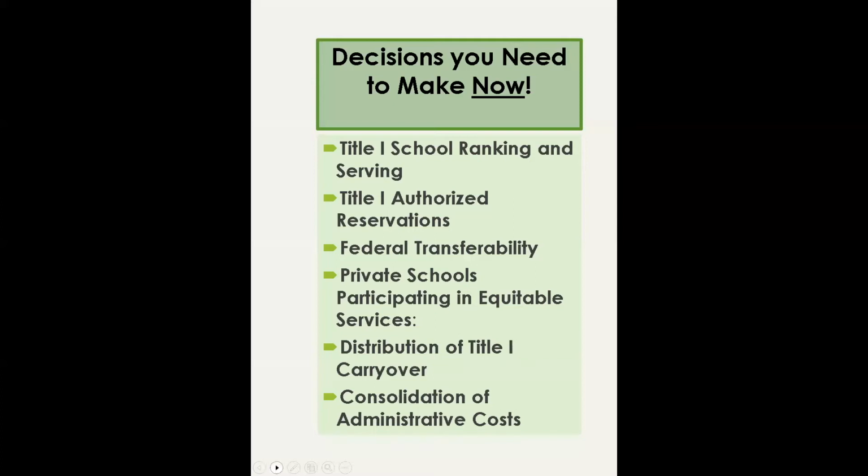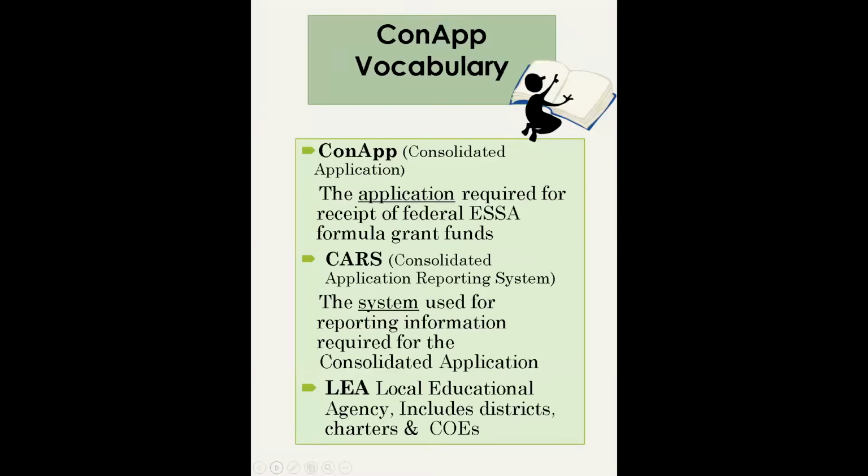All right, now we're going to turn to some vocabulary. As I said, these are just some terms we're going to be using, and I just want to make sure that we're all on the same page. As I said, CONAP is what we call the consolidated application. It is the application required for receipt of funds. So the consolidated application is the application for funding.